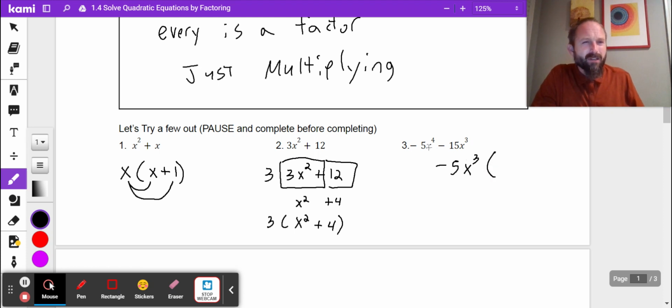I pulled out a negative 5, so this should be positive, and I pulled out all of them but 1, so now this is x. A negative times a negative is positive, so if I pull out a negative, this should now be plus. And if I divide by 5 and divide by x to the third power, I should have 3.